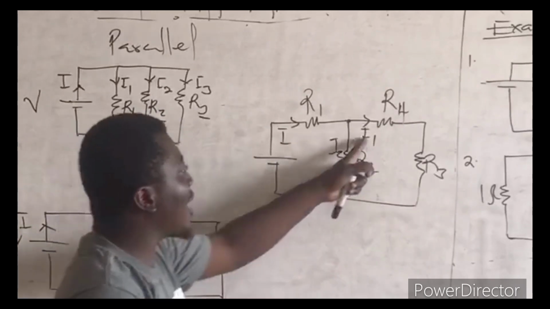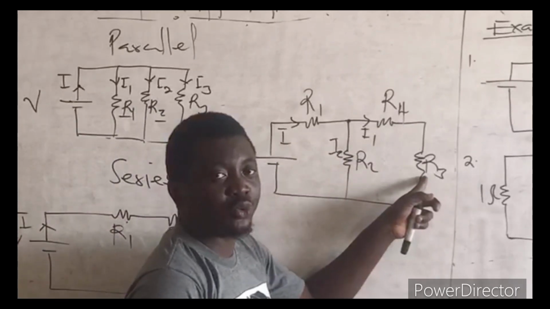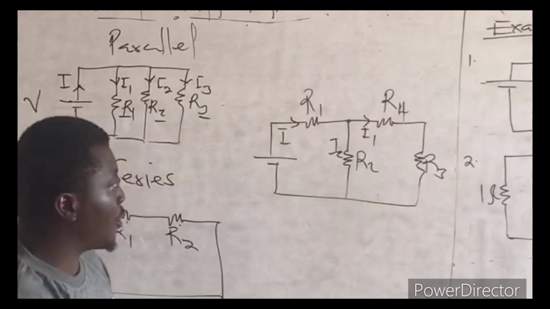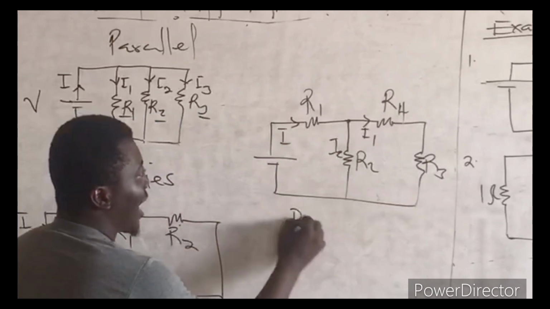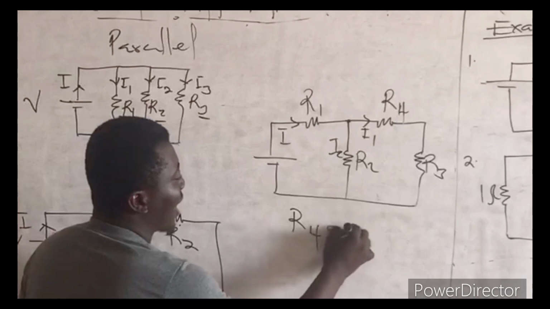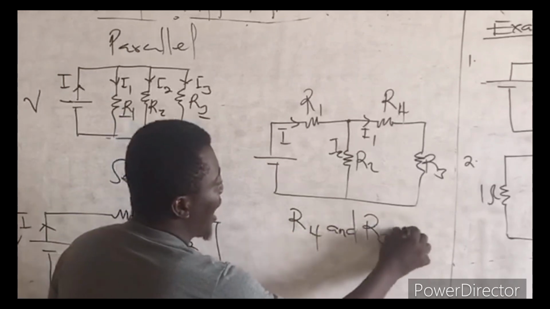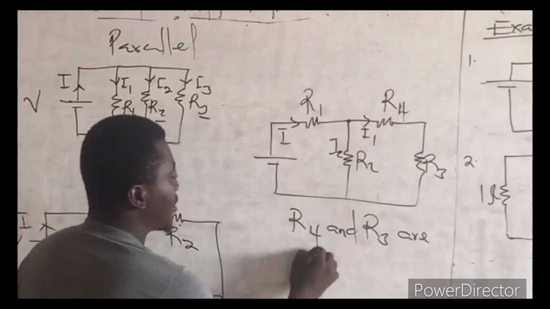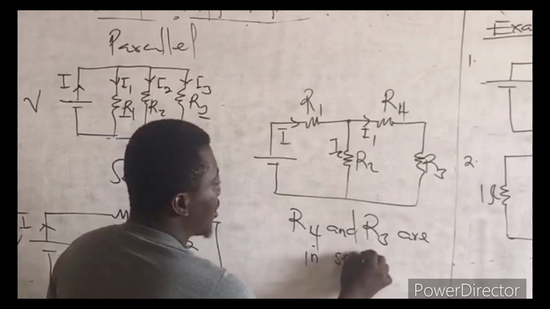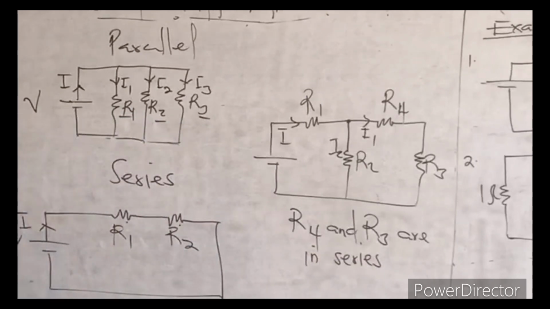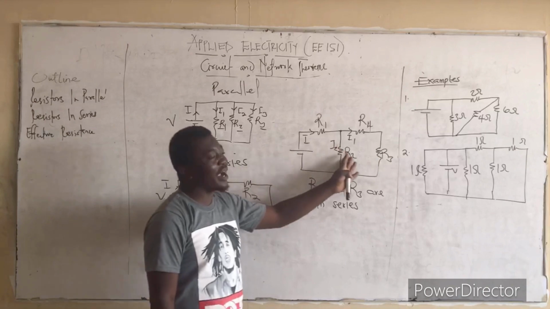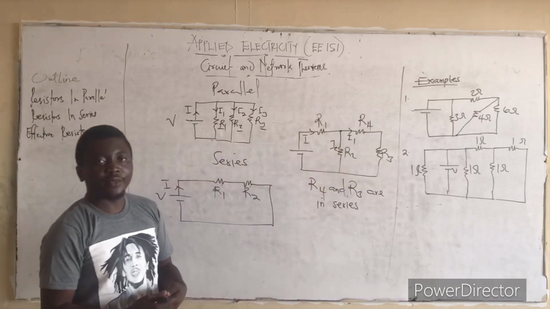But then I1 is the same thing that is going to pass through this R3. So what are you going to get? You will get that R4 and R3 are in series. Why are they in series? They are in series because the same amount of current goes through them.